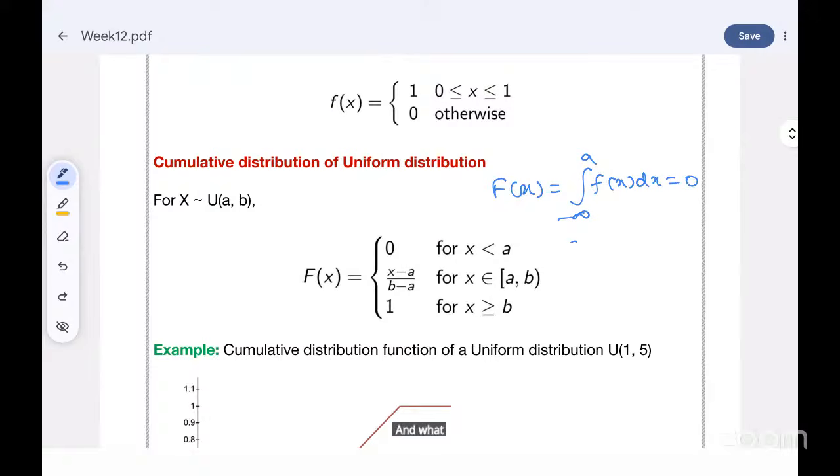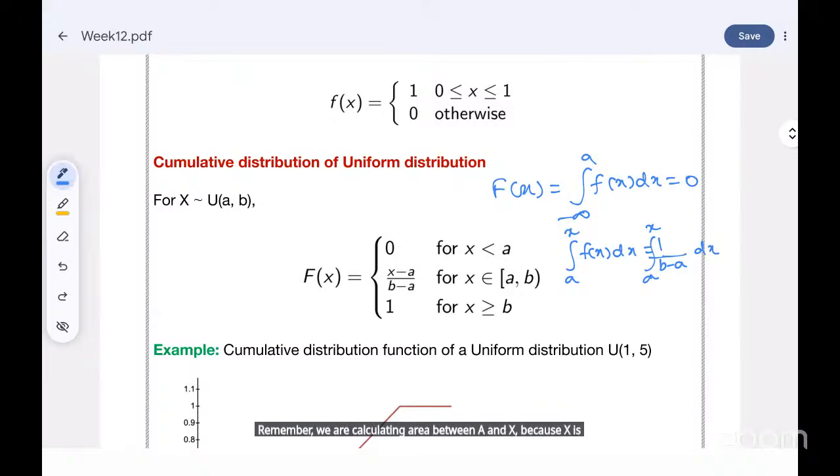And what happens to the integral from a to b of f of x dx? What is the value of f between a and b? It is 1 by b minus a dx. Now we are not calculating between a and b. Remember, we are calculating the area between a and x, because x is any value between a and b.